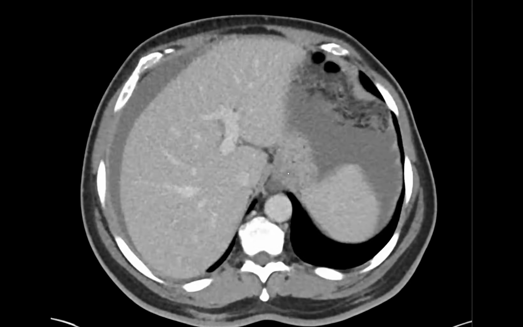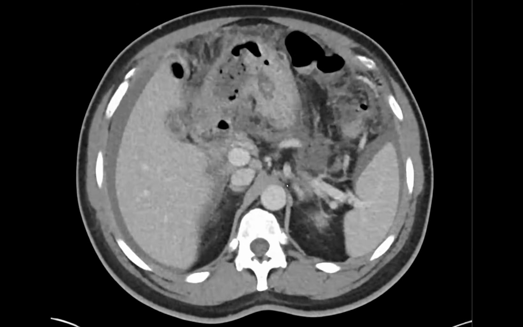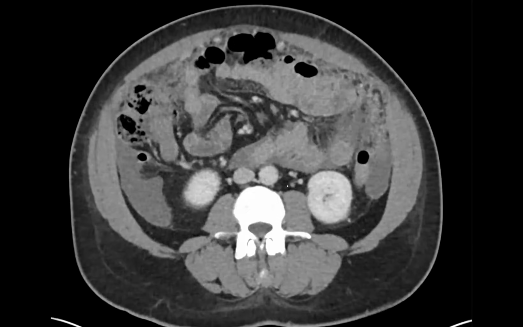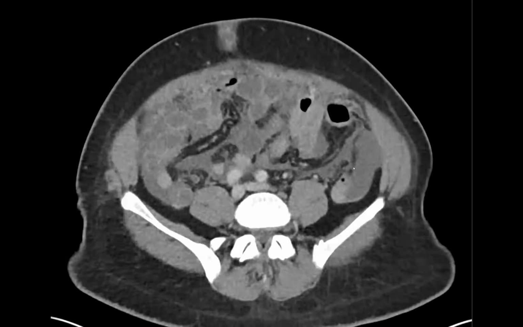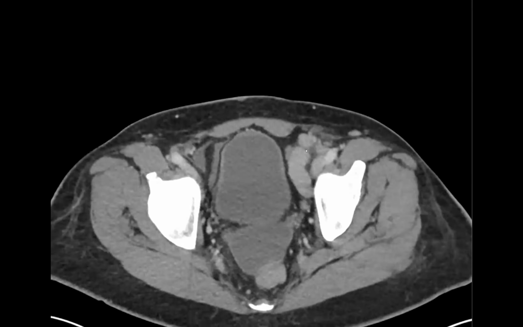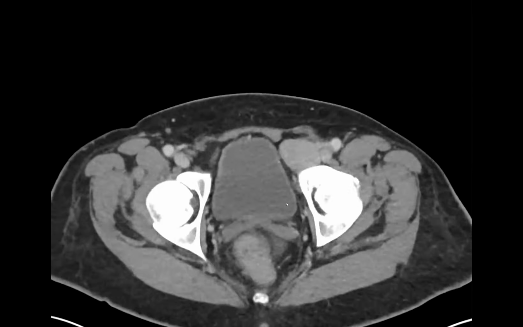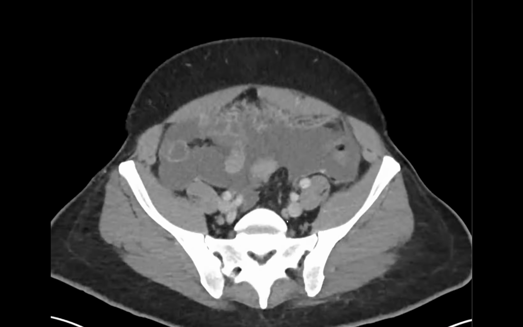Is the stomach okay? Everything looked okay. Male patient, they also have HIV. They did have some big lymph nodes down here. So they sampled one of these lymph nodes, and it came back reactive to HIV, nothing specific.